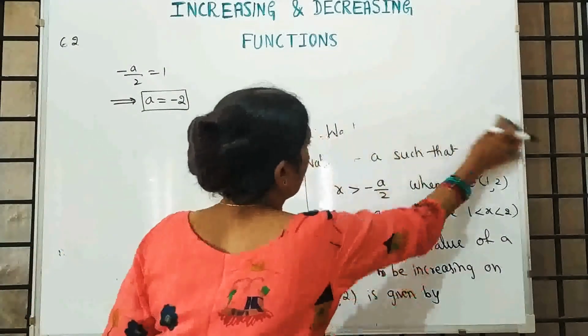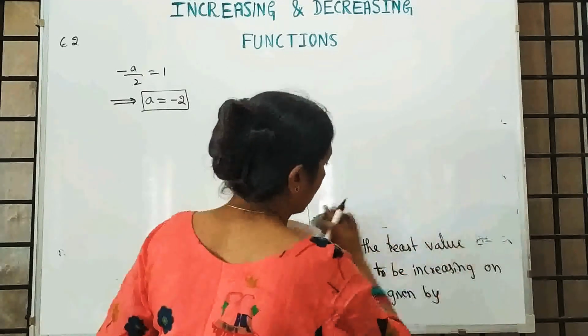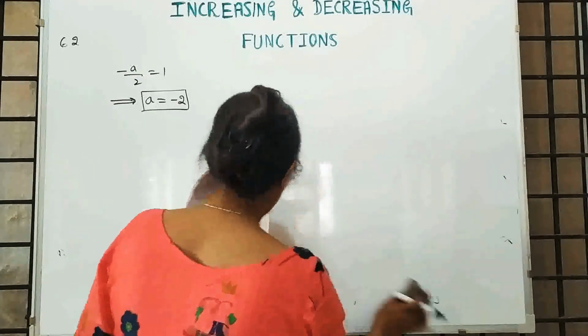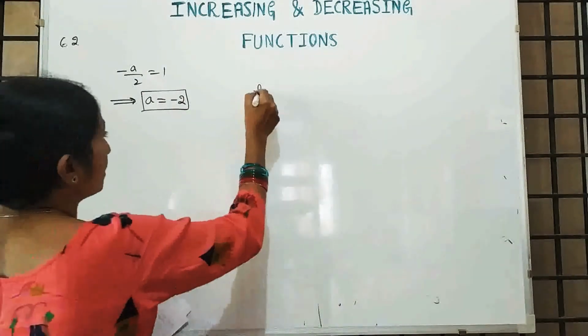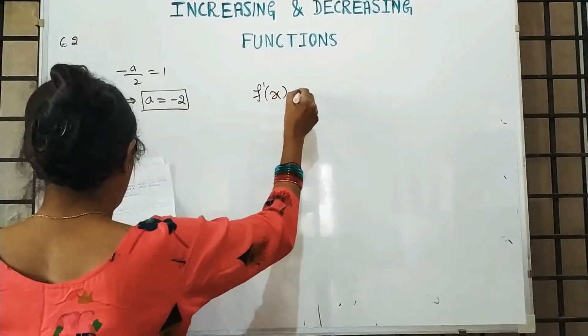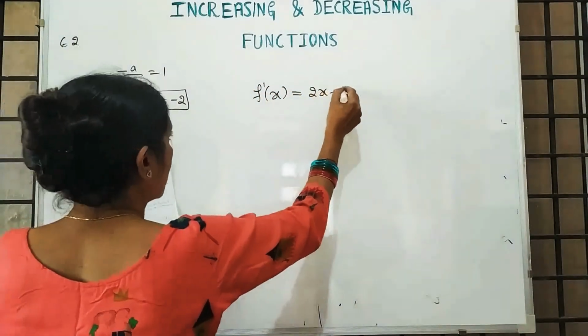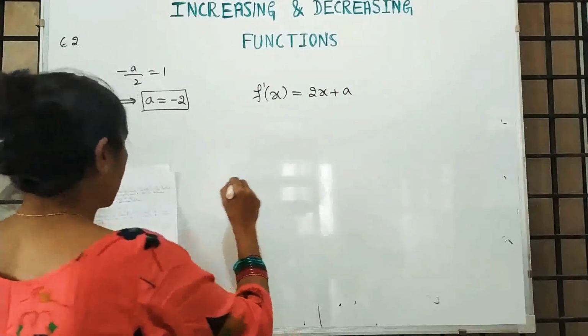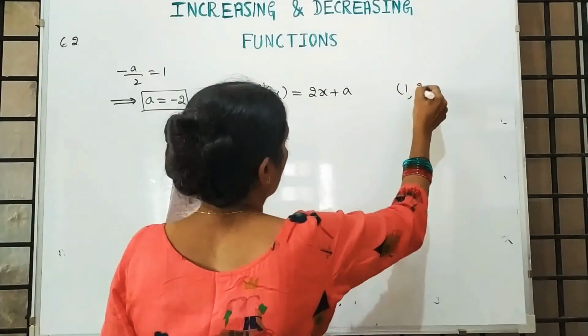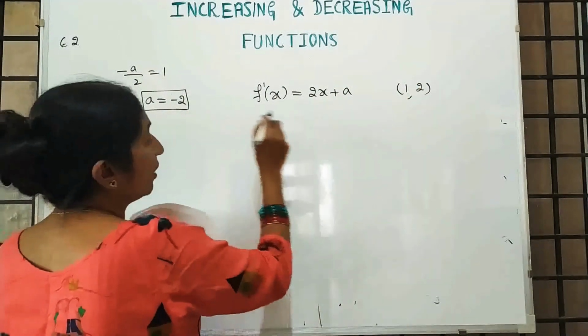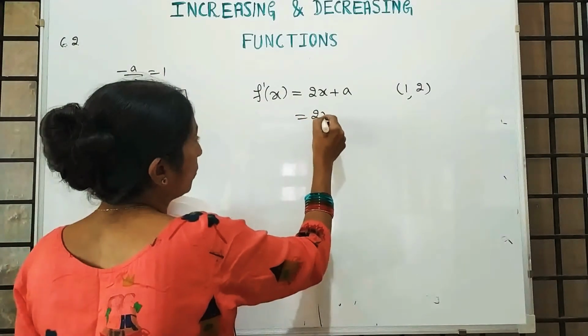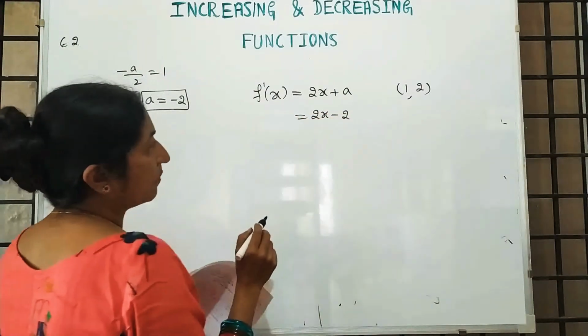See, check that, verify your answer, whether your calculated value is correct or not. What is the first derivative? The first derivative is f dash of x is equal to 2x plus a in the interval 1, 2. I told you a value is minus 2. If you write a as minus 2, 2x minus 2.